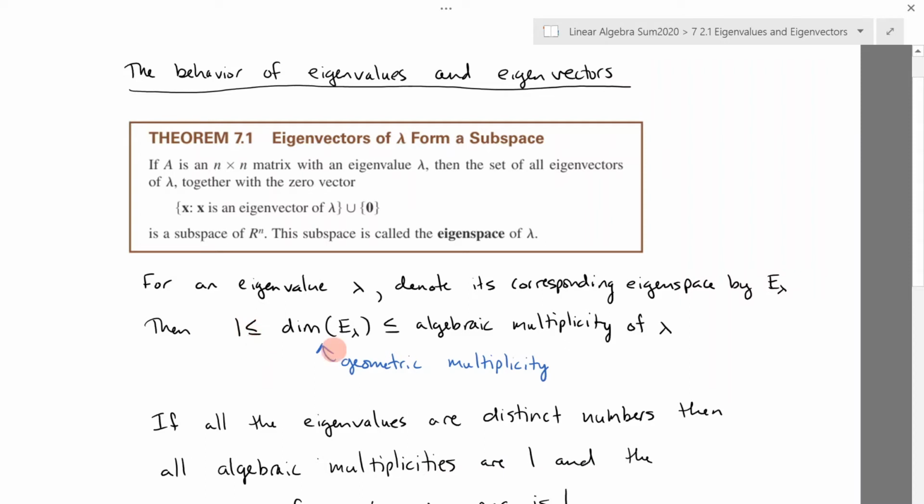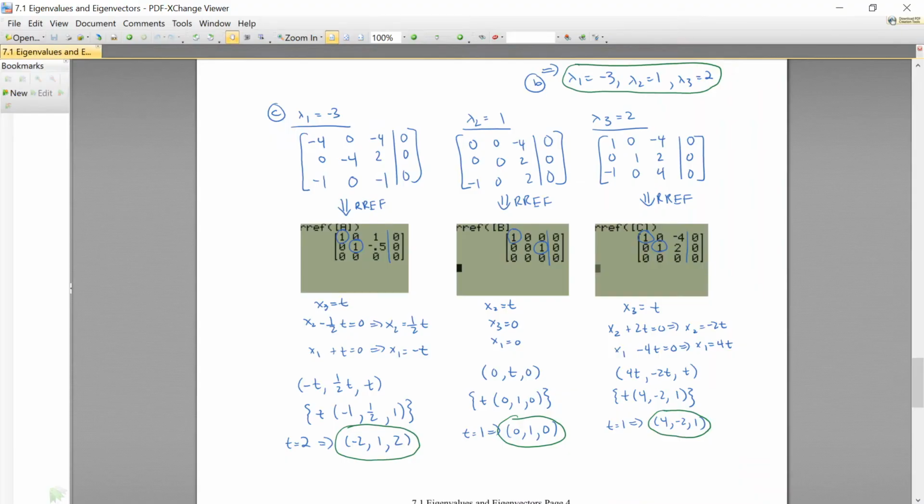But also, the highest the dimension of a particular eigenspace can be is the multiplicity of the eigenvalue. Going back to the previous example, because all the eigenvalues are distinct here, their multiplicities are all equal to 1. That forces the dimension of each eigenspace here to be exactly 1 in each case.